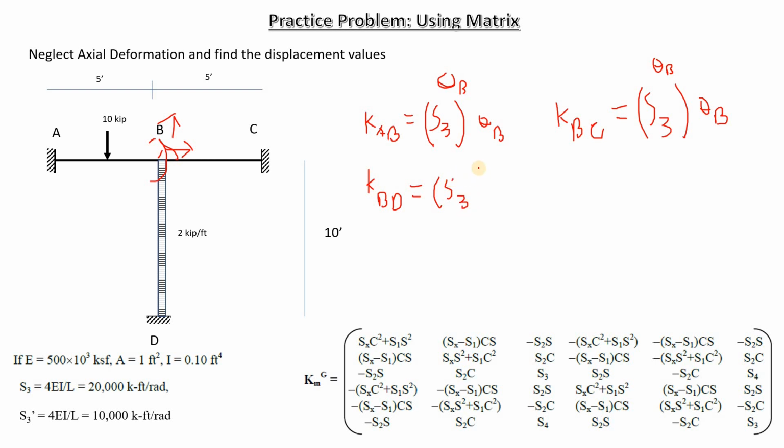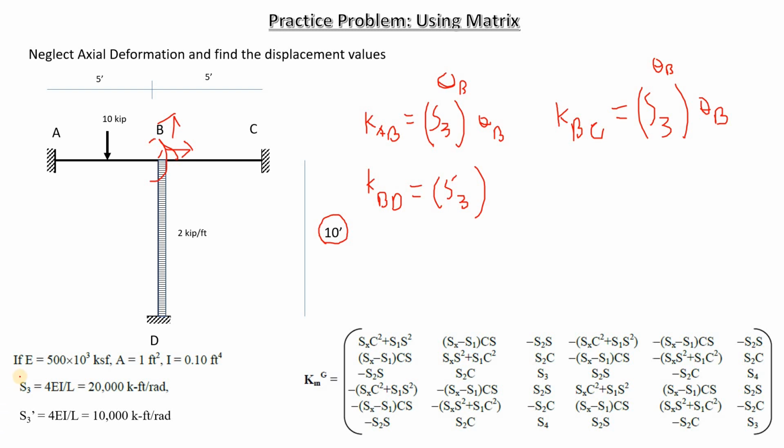But this time it's not S3, this time it's S3 prime. Because the member length for AB and BC were 5 feet, that's why the S3s remained S3. But since the length for member BD is 10 feet, not similar to the lengths of members AB and BC, the stiffness value is also going to change. That is why we're denoting it with S3 prime.